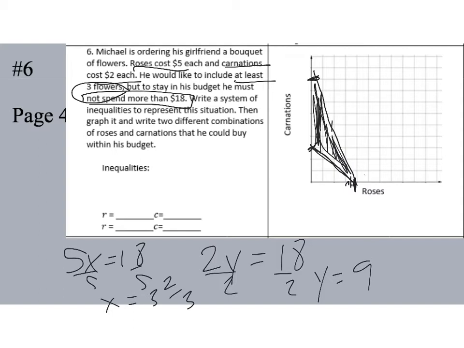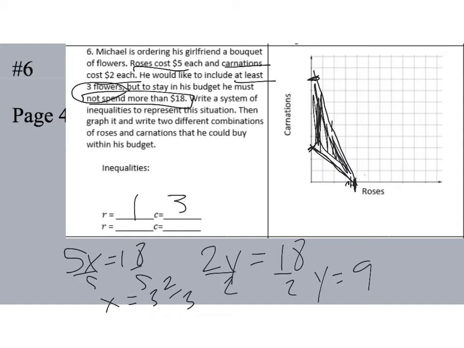Now to figure out this R and C, I need to find points within this shading. Your answers could be different from mine; I'm just finding a single point. I'm going to go over 1 rose and up 3 carnations. Will that work? Is it in the shading?